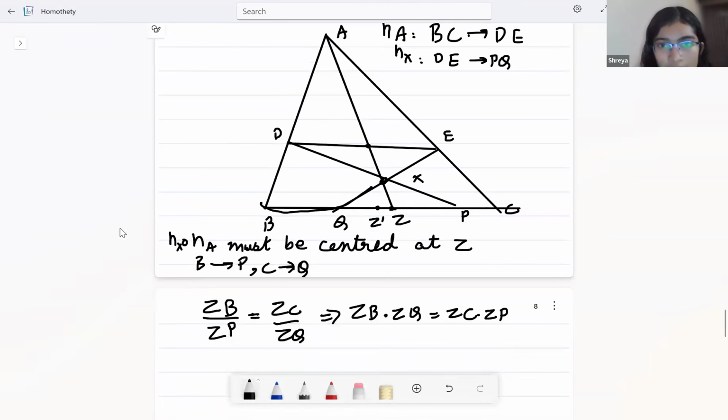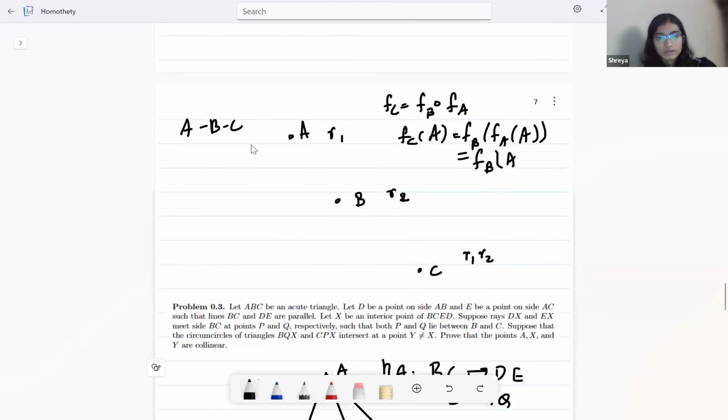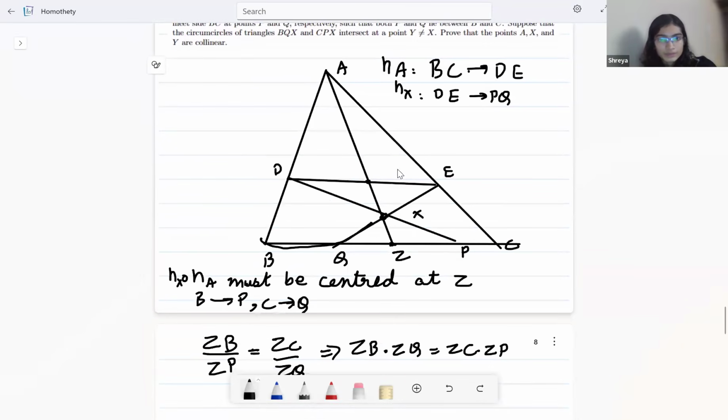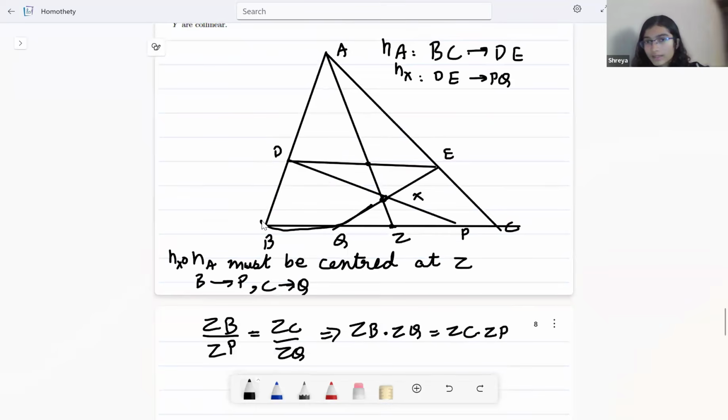If this is the center of the homothety, then first of all, Z prime lies on AX, because we are composing a homothety at X with a homothety at A. Because of these reasons, the three centers need to be collinear. So it needs to lie on AX, and also B goes to P and C goes to Q, which means it needs to lie on BP and CQ, which in this case are the same line. So it needs to lie on BC as well.